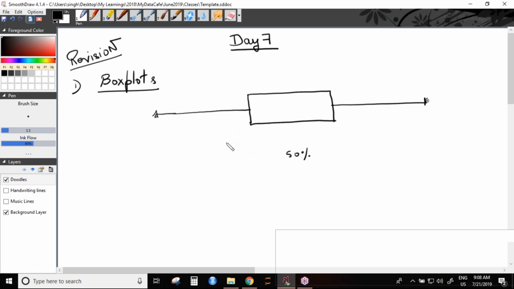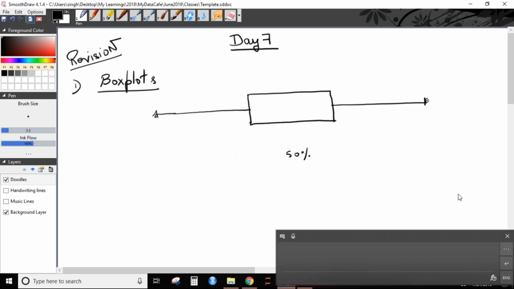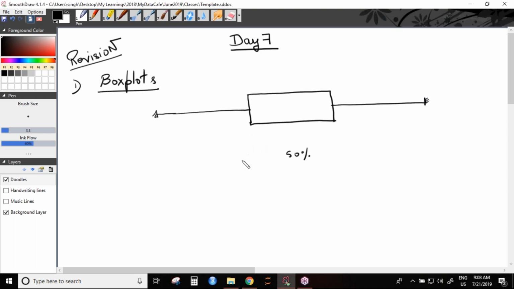Now guys, the variable is on this axis, whatever is the variable. Let's say this might be sales. Now tell me, what is this point here?